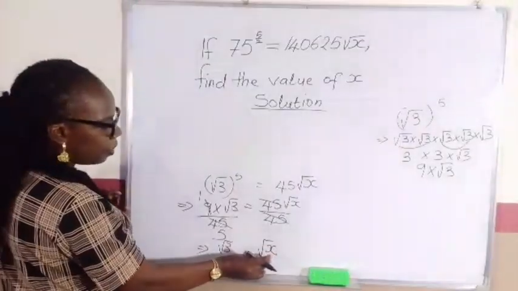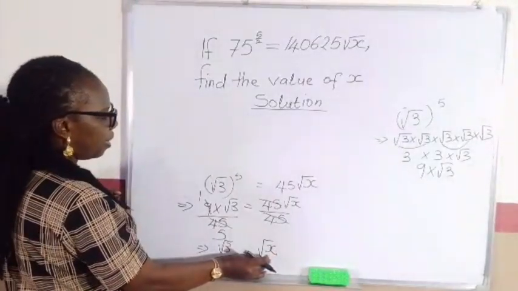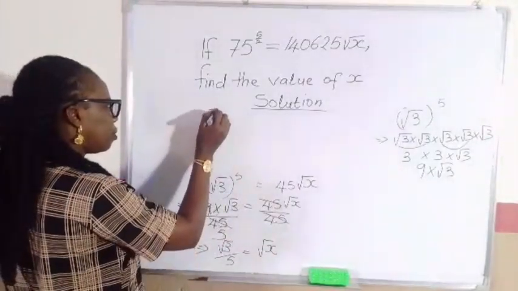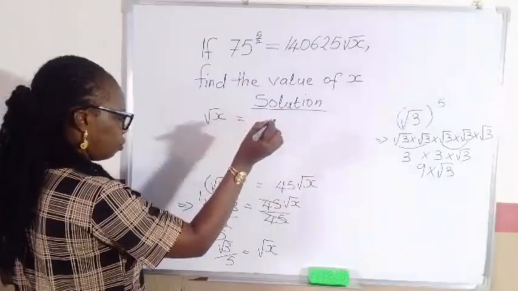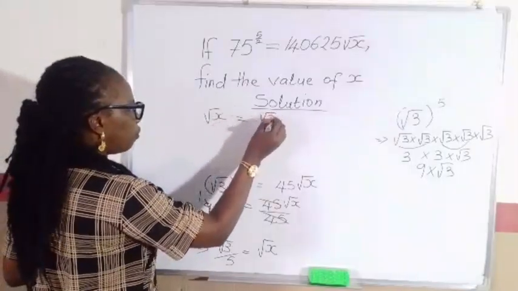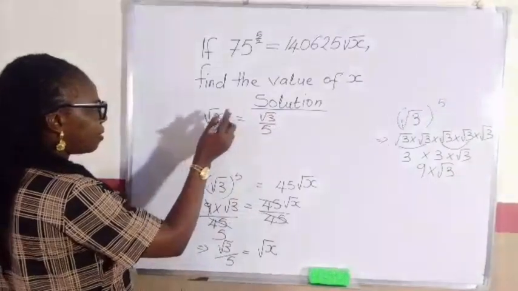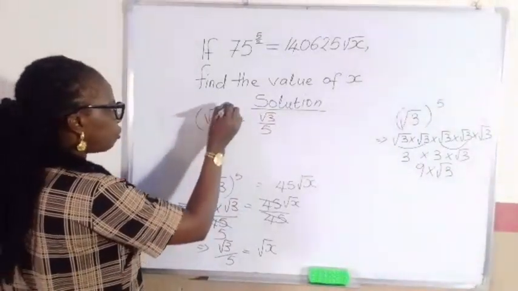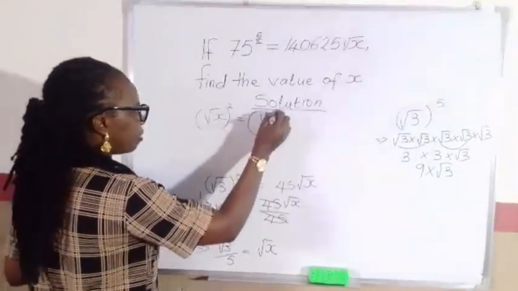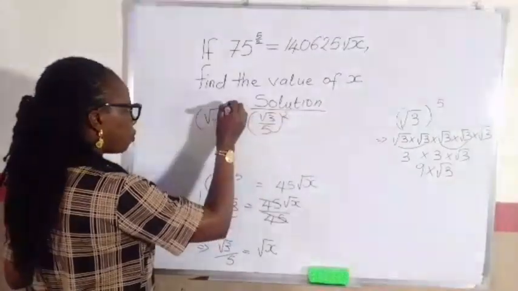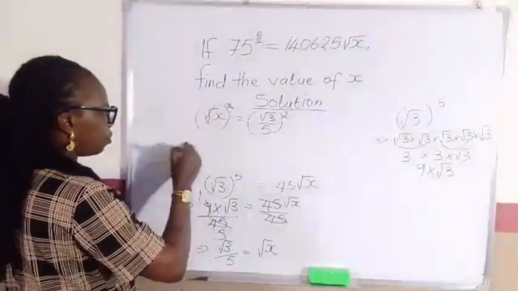Alright, we are looking for x, not the square root of x. So square root of x is equal to square root of 3 over 5. To get x, we have to square both sides. So the square here cancels the square root.